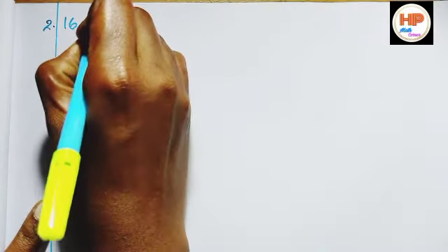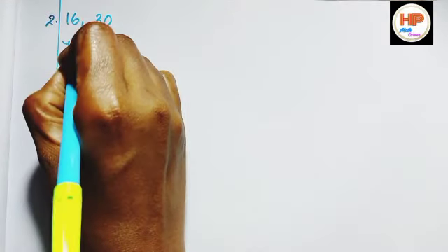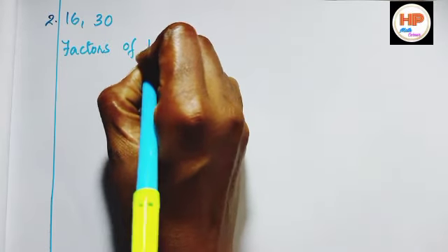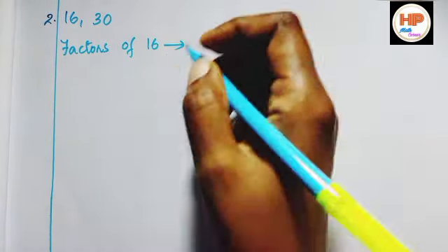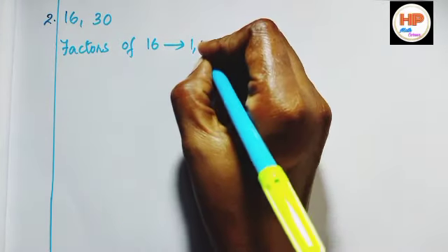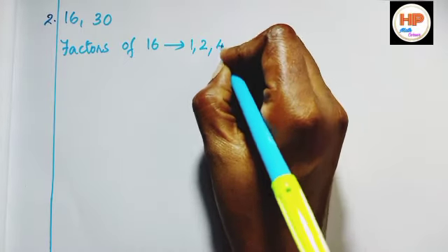Let us consider another question, 16 and 30. So, factors of 16 should be written. 1 is a factor of every number. 16 is an even number, so 2 is a factor. 3 is not possible. Then 4 is possible.